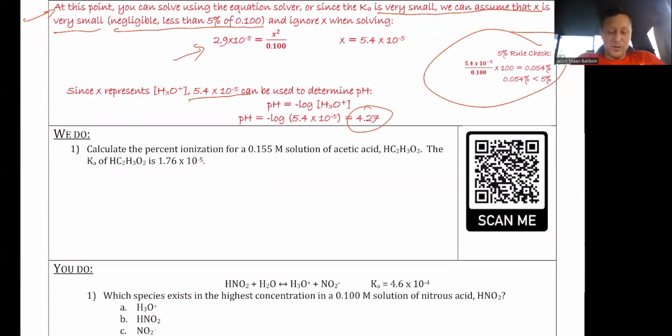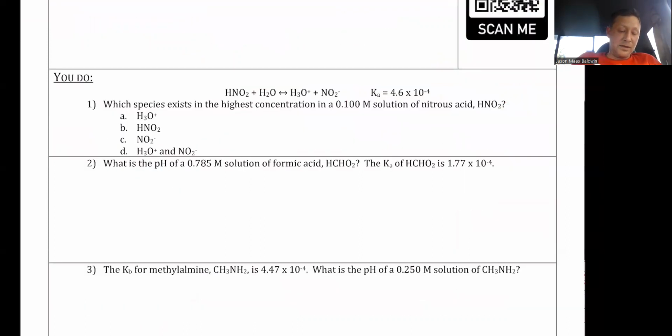Okay, so let's do a couple of these together, and then I'm going to let you do the rest alone. The first one here: which species exists in the highest concentration in a 0.100 molar solution of nitrous acid? This is a qualitative, not a quantitative question.